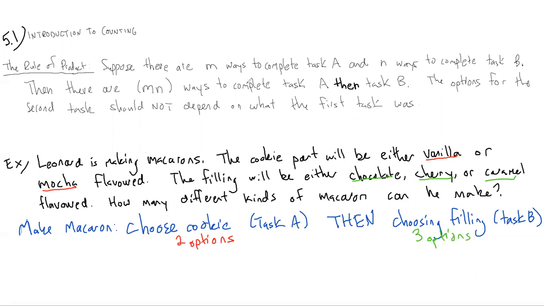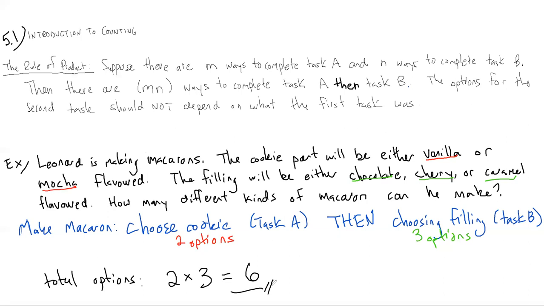And so the rule of product then says that the total number of options, since it's got that word then between the action, is going to be 2 times 3 is 6. So there's 6 different cookies that can be made, which is the exact same answer that we got before.